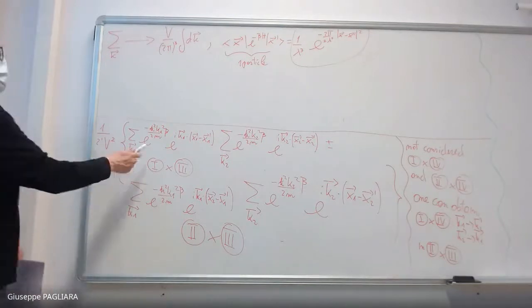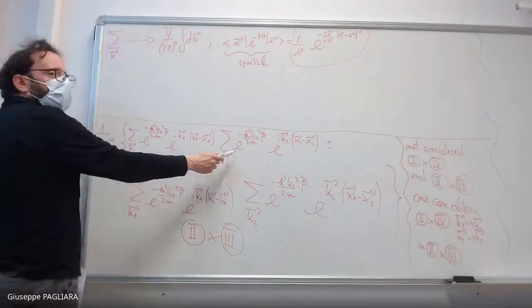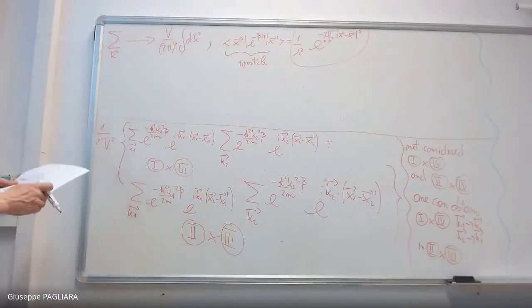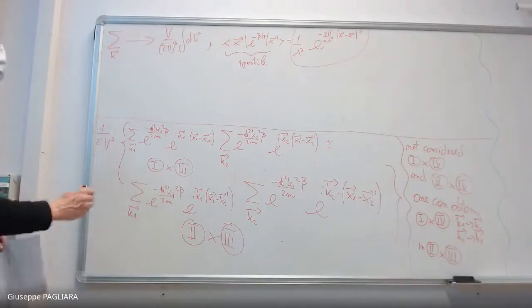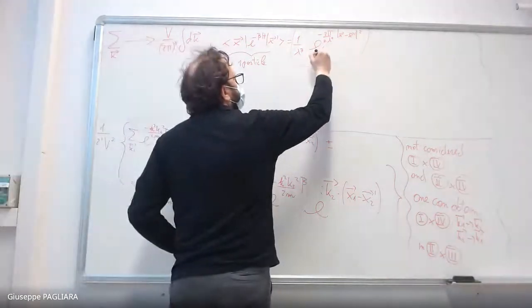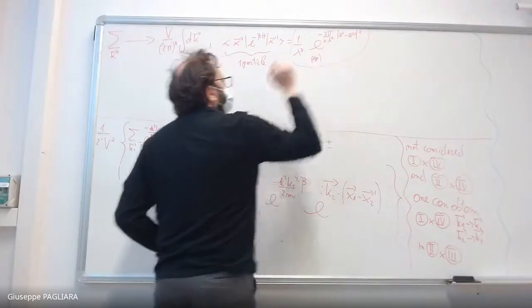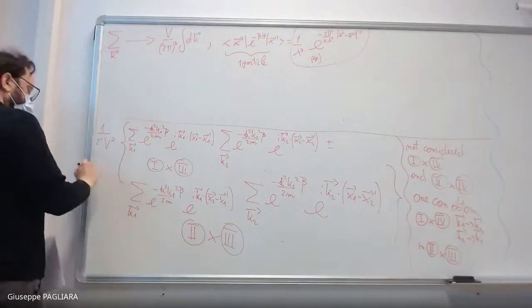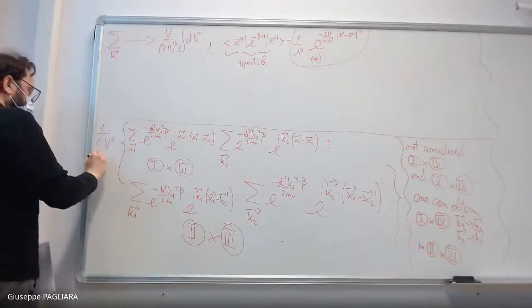Because I have a volume from here and a volume from here, the volume squared that cancels with this. And so at the end, you put the structure, let's call it asterisk, in this equation.